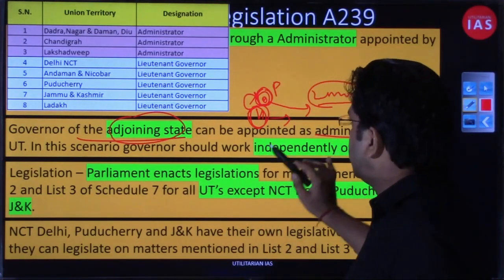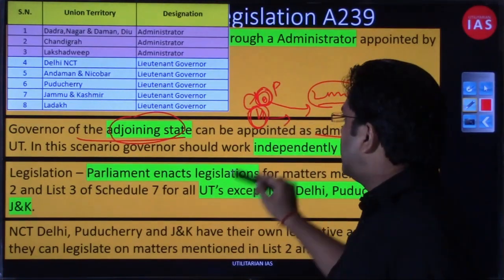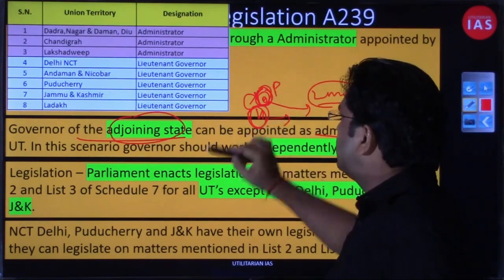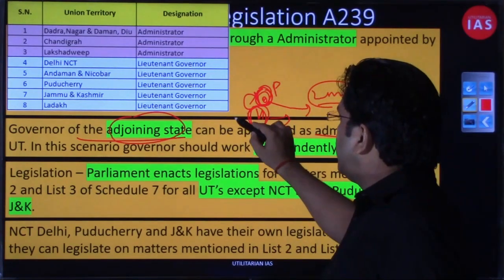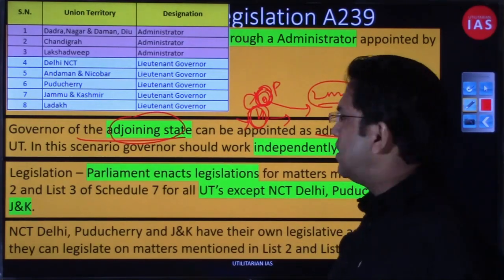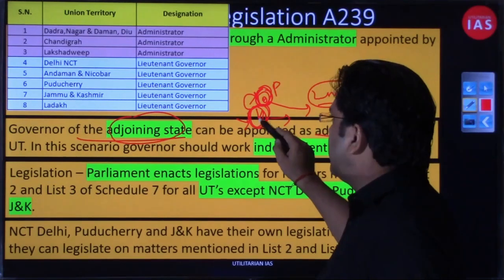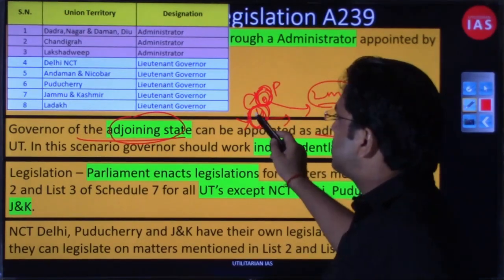Let us try to understand it again. He was governor of Haryana, and he was given additional charge as administrator of Chandigarh. Generally, while taking decisions in matters related to the legislation of Haryana, he will take the advice of the council of ministers of Haryana.